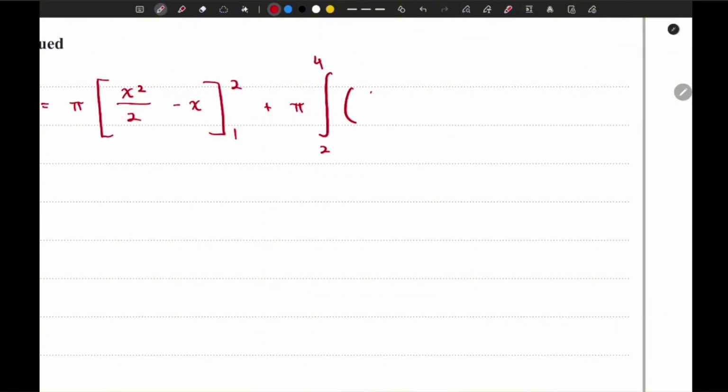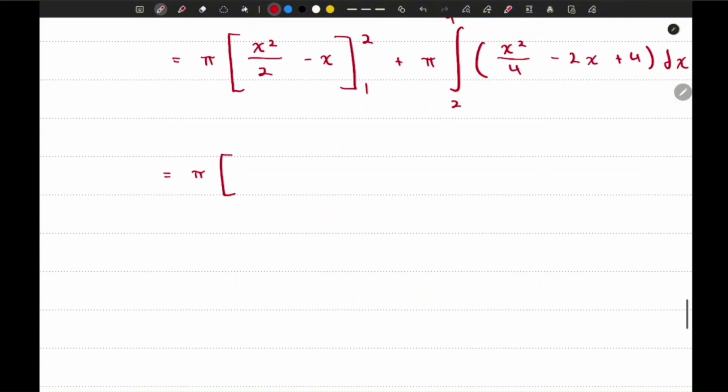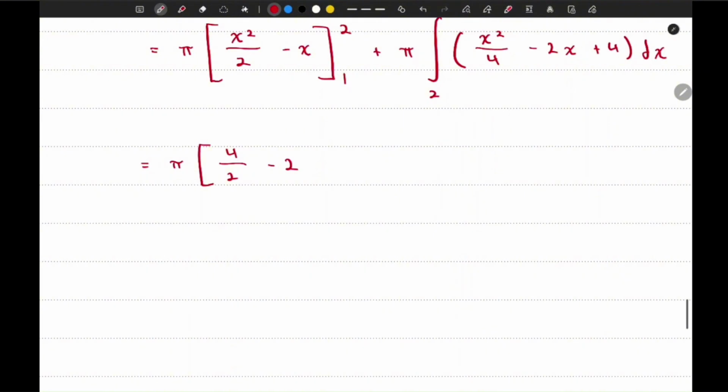So expanding this will give us x squared divided by 4 minus 2x plus 4 dx. Now we can integrate this. So let's first find out the value of the first part. First of all, we need to substitute the value of 2 into this expression. So that's 2 squared, which is 4, divided by 2 minus 2. And then we need to subtract by substituting the value of 1, I mean the lower limit. So that's minus 1 divided by 2 plus 1.